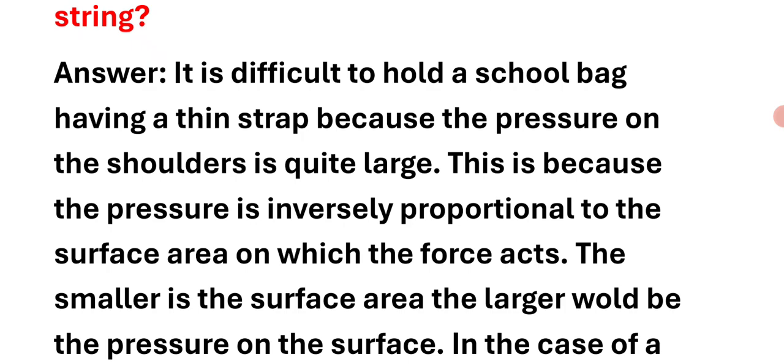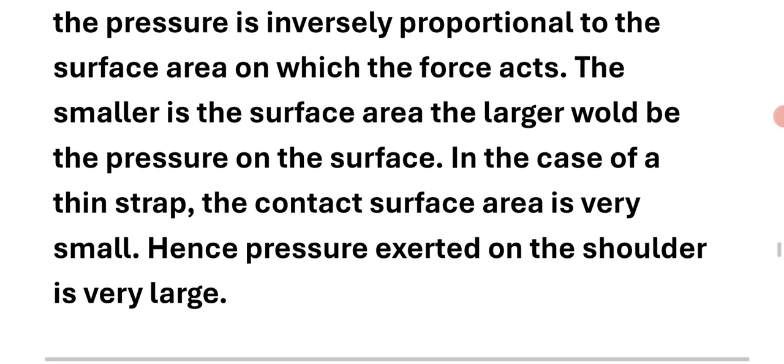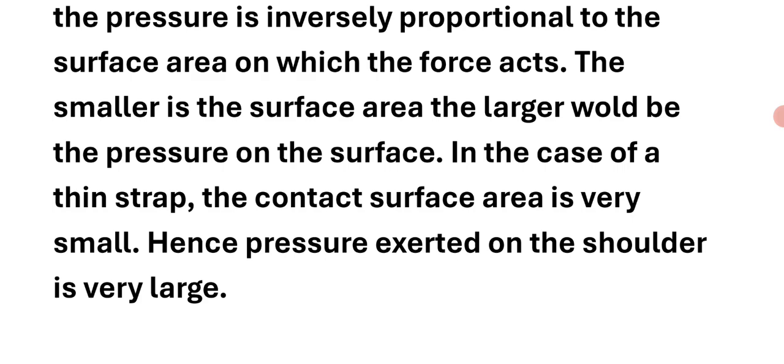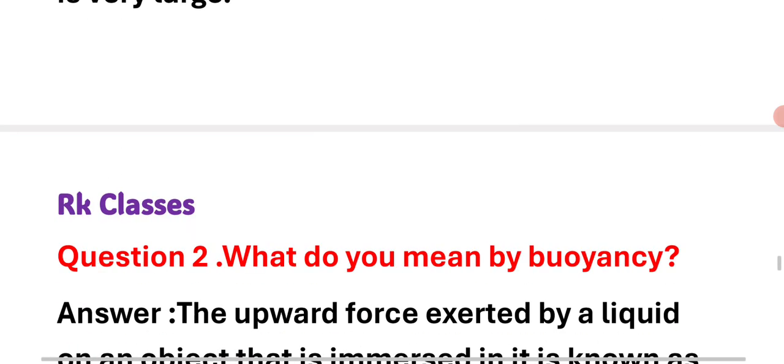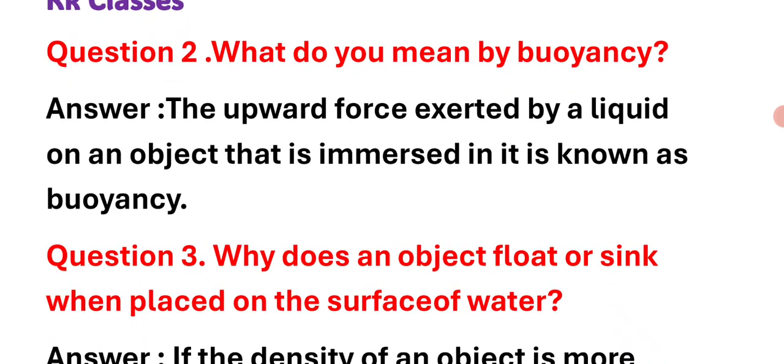This is because pressure is inversely proportional to the surface area on which the force acts. The smaller the surface area, the larger the pressure on the surface. In case of a thin strap, the contact surface area is very small, hence the pressure exerted on the shoulder is very large.